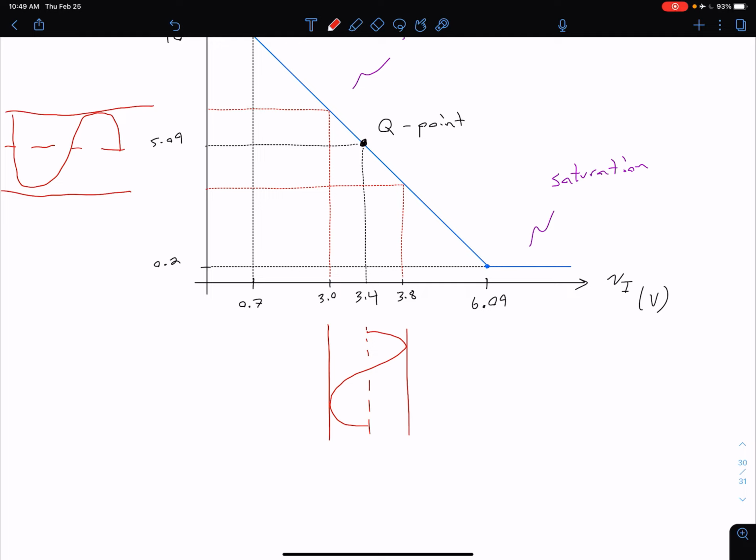Sorry, I've drawn that backwards. So really it would be like this. It looks the same, but basically this is going this way and this is going this way. The main takeaway is that when this is here, it corresponds to this point here. So the highest input voltage corresponds to the lowest output voltage.